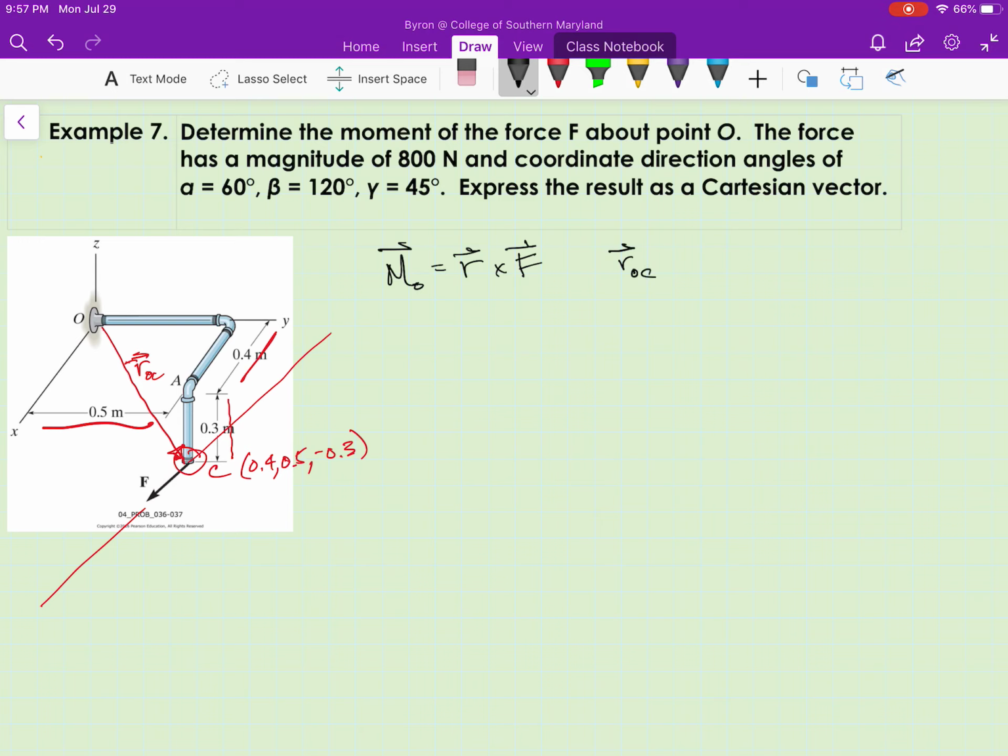Okay, so we'll call this R sub OC, and we know that a position vector in Cartesian form can be expressed as the difference in the x coordinate of C and the x coordinate of O, plus the difference in the y coordinates, plus the difference in the z coordinates.